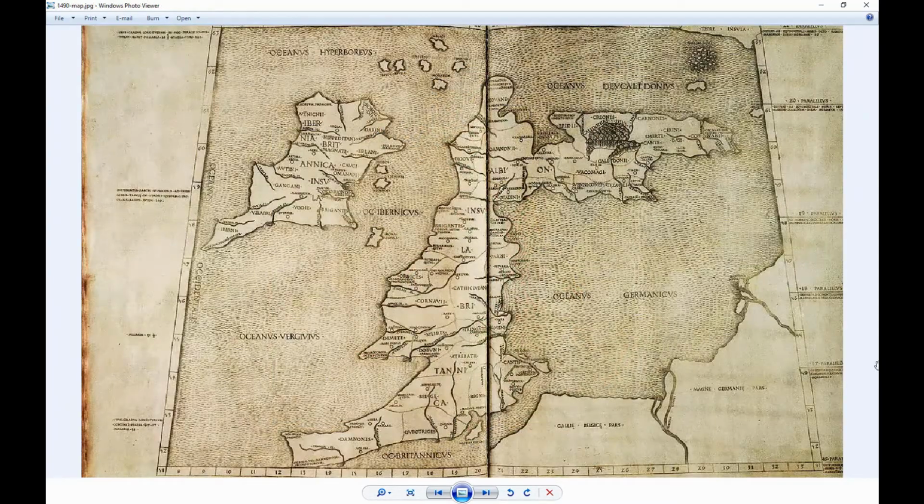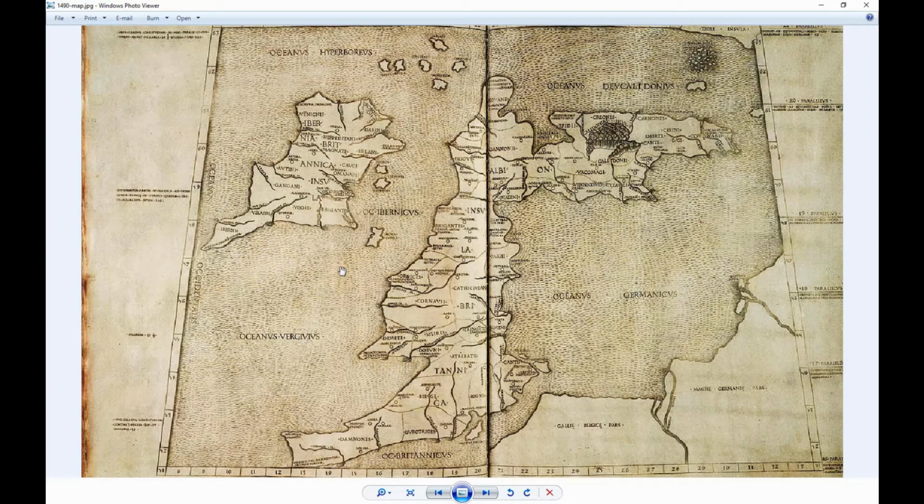Another great map. This is a map of the British Isles and Oceanus Germanicus, which translates to the North Sea. Okay, that's here, Oceanus Germanicus, and it's a 1490 Italian reconstruction of maps of Ptolemy, but it's got some of the roads and other features from the 1st century of Roman occupation. So once again, based on what Ptolemy had, it's got 2 big faults.